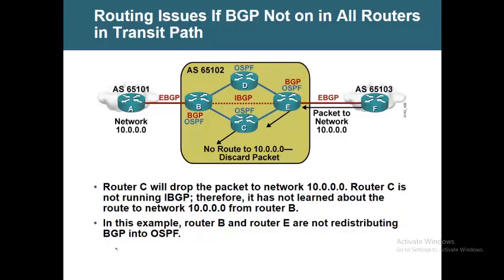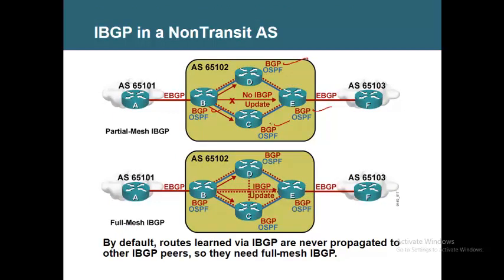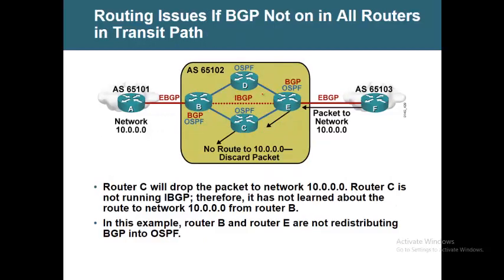So you're thinking that the packet got discarded because they don't have BGP, they don't have route. So we need to run BGP on every router. That's what you are thinking in your mind. That is one solution. I'm not denying that.